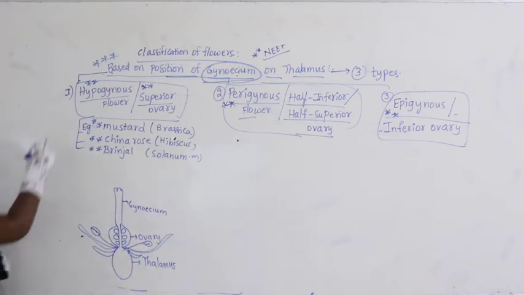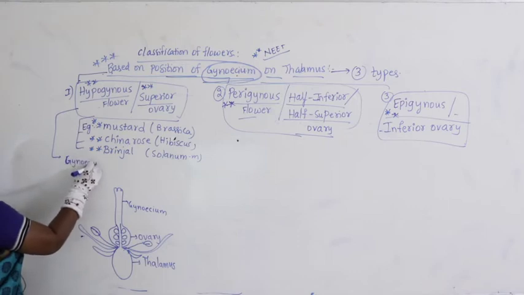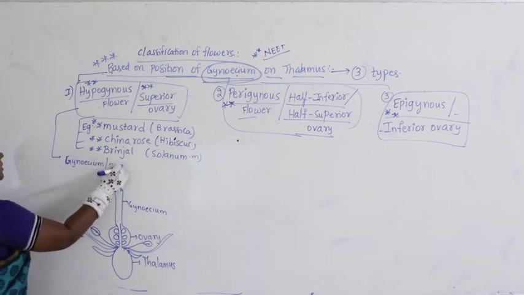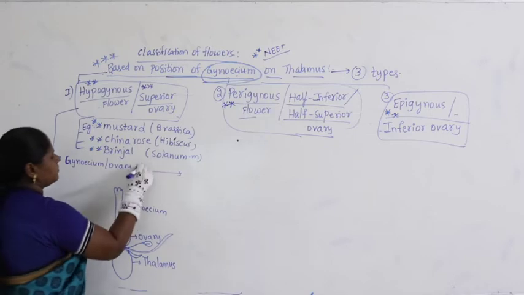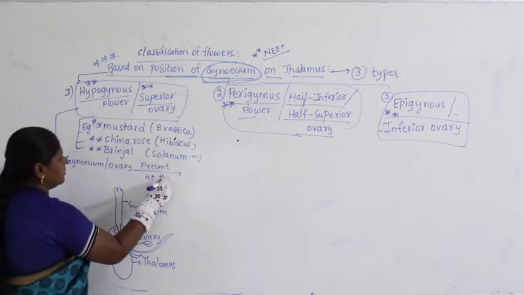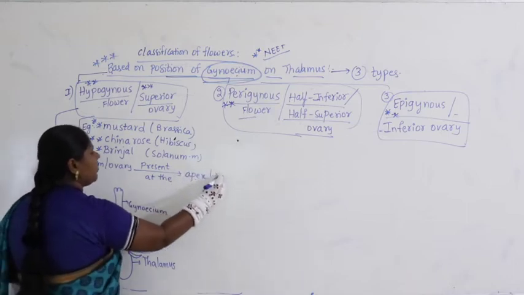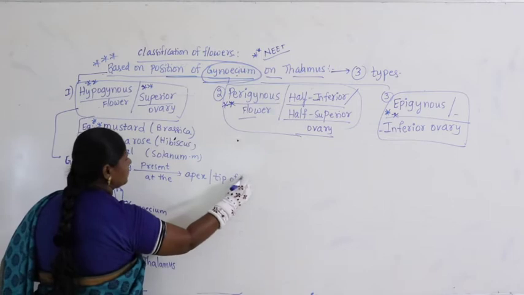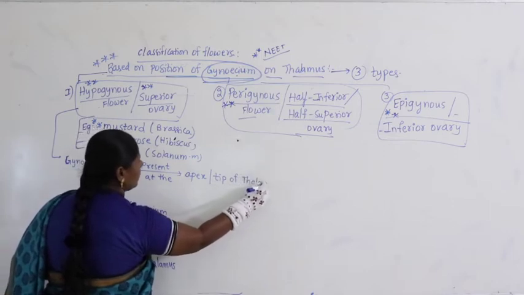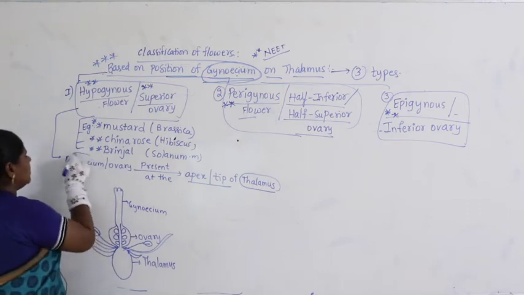So, I will write the definition. Gynoecium or ovary is present at the apex or tip of thalamus. What is present?